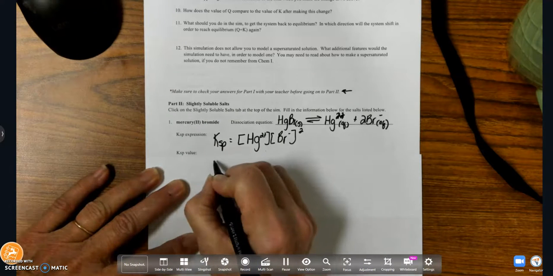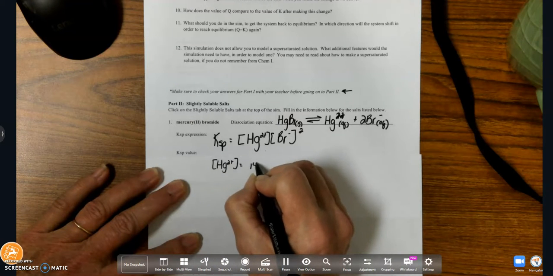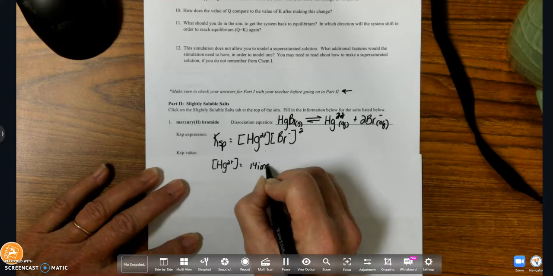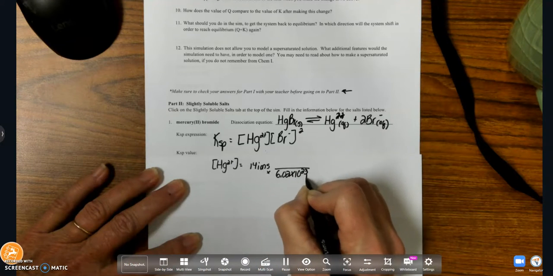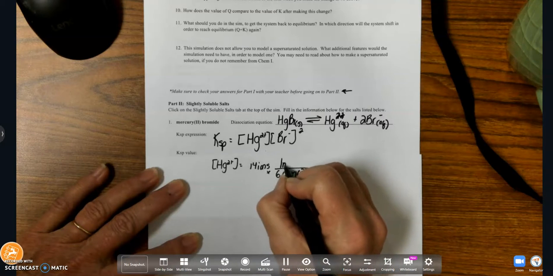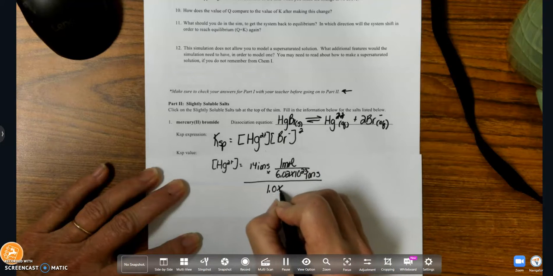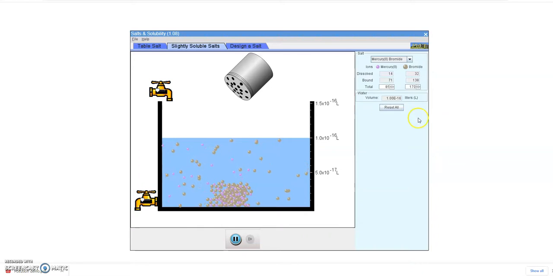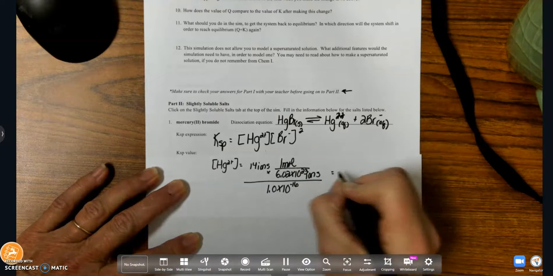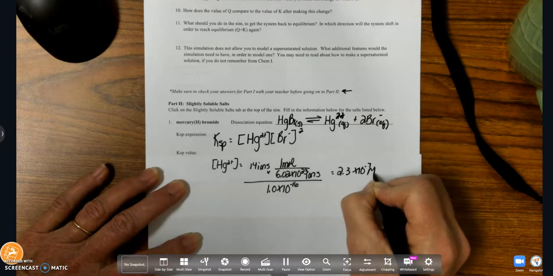So my mercury 2 plus is equal to 14 ions, 6.02 times 10 to the 23rd ions is 1 mole, and I'm going to put all of that over 1.0 times 10 to the minus 16, because that is the number that's right here in volume. When I plug all that in my calculator, I get 2.3 times 10 to the minus 7 molar.